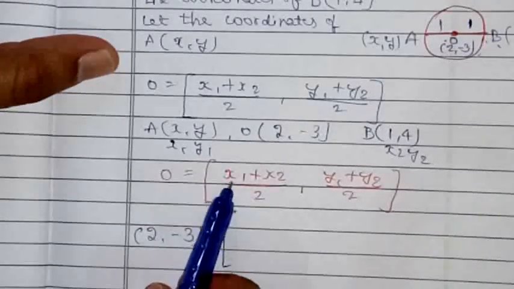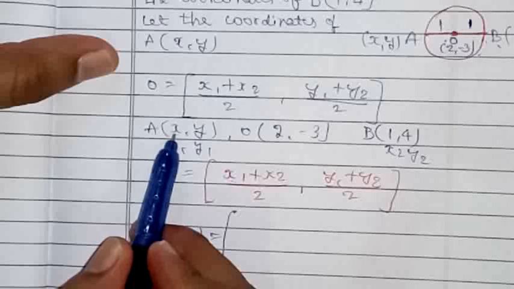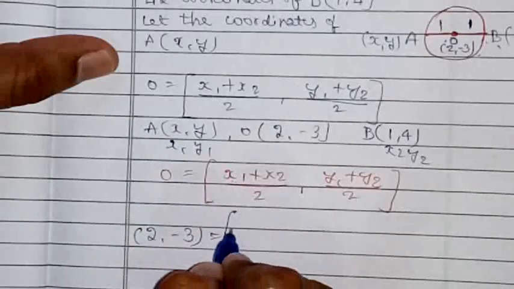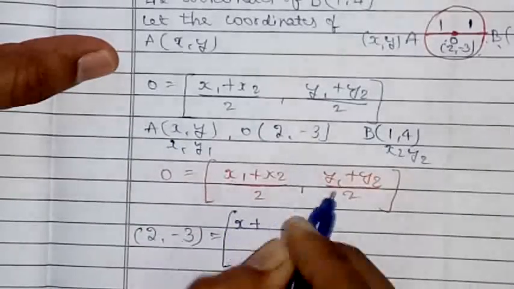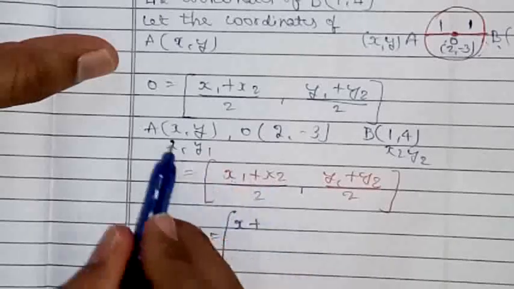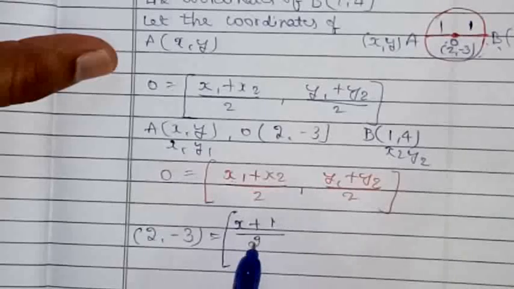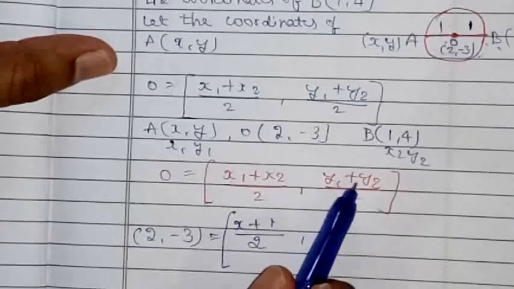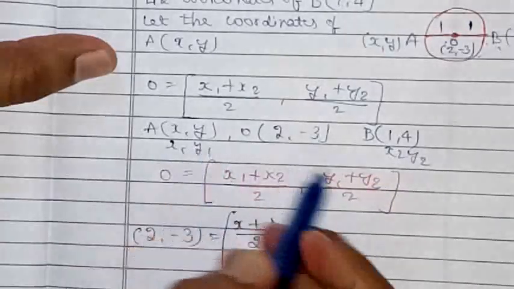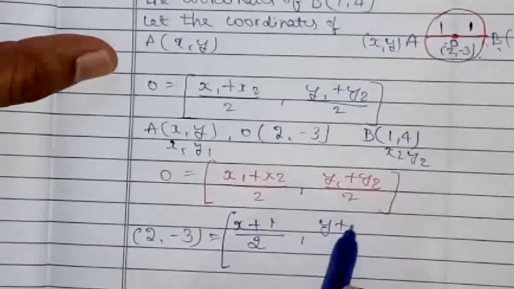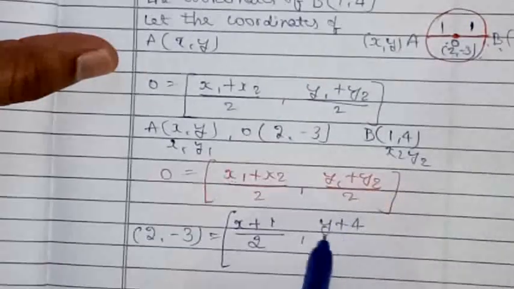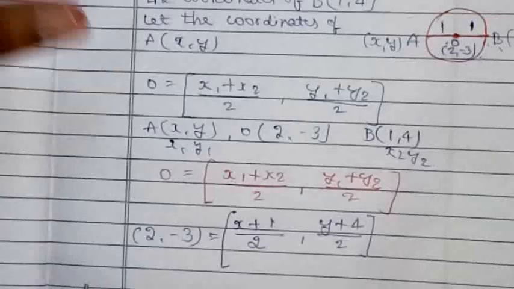Now here what is x1? X1 is nothing but x, right? So therefore I'll write here x plus x2. X2 is how much? X2 is 1 divided by 2 comma here y1. Y1 is how much? Y1 is y plus y2, y2 is 4, divided by 2, right children?